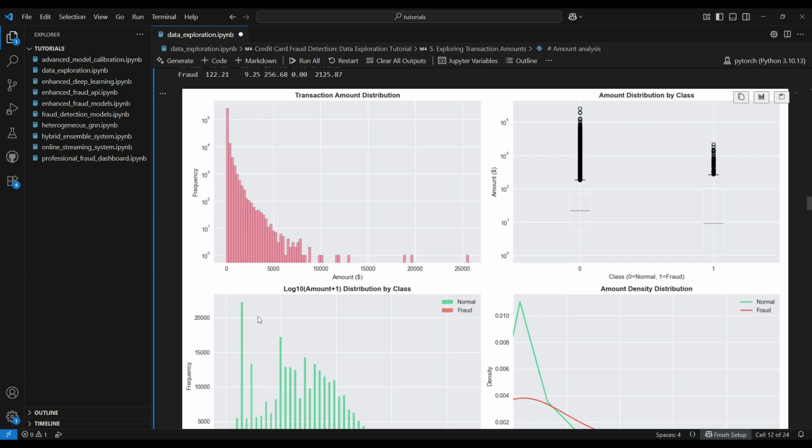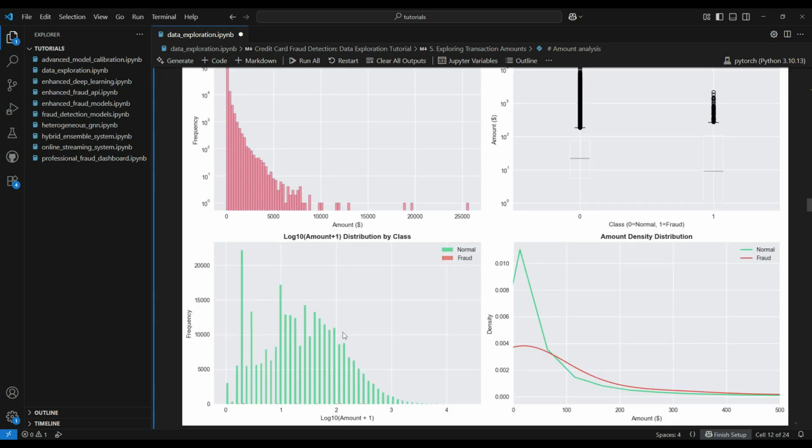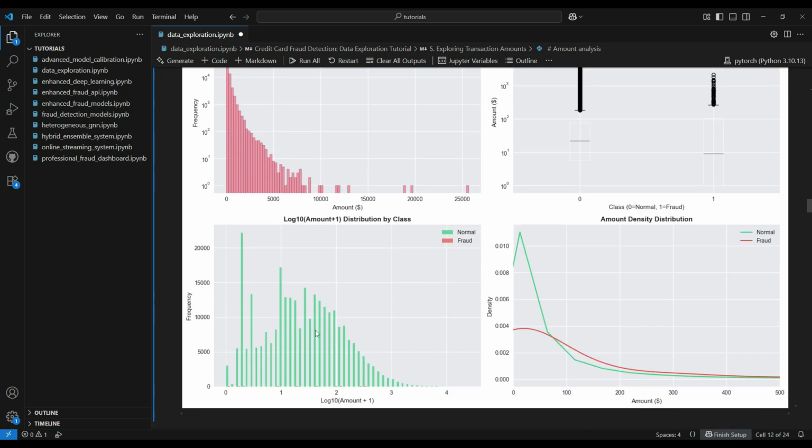So I created four different views. First one is a histogram with log scale, showing most transactions are small. And then the box plot by class reveals different distributions. The log transformed histogram makes the hidden patterns more visible.